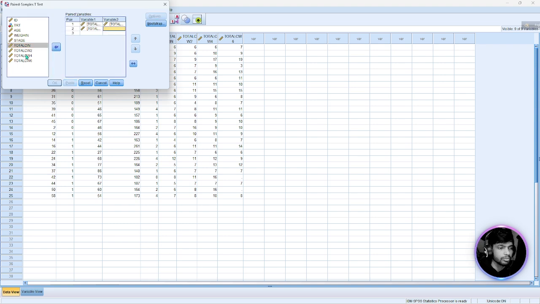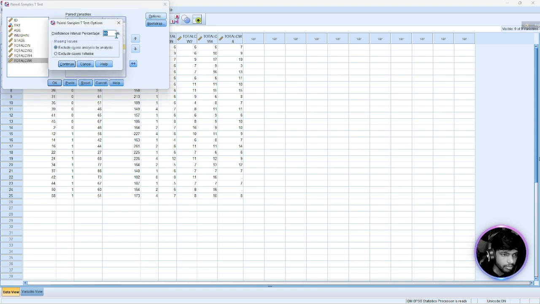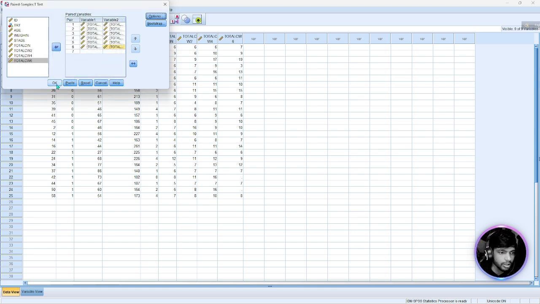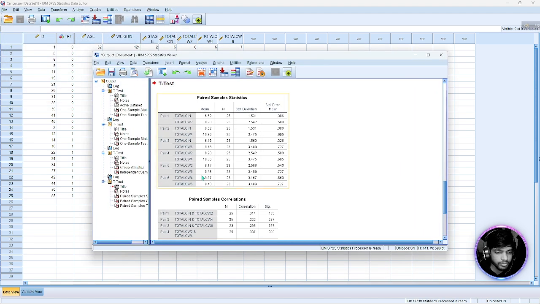Let's see, I'm clicking this one, and this one and this one, and that one. I have clicked all of these values, and from options I have nothing to change, and I just click OK.